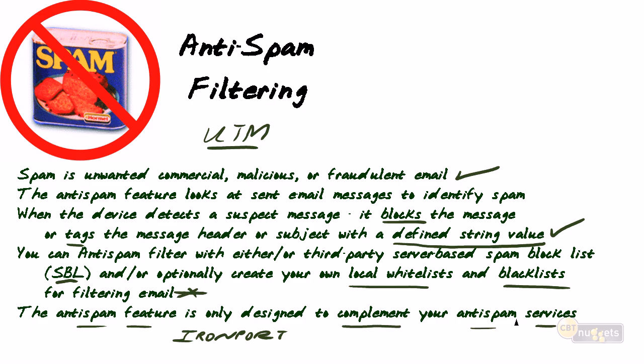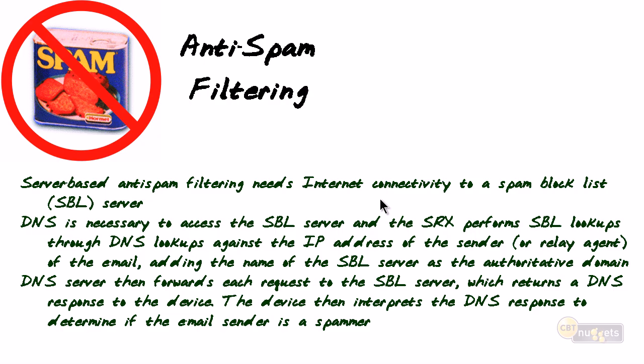The amount of overhead this is going to apply to our router or our SRX can be a little bit overwhelming. So sometimes you may want to focus just on certain big categories of bulk spam. Now, if you're going to be using SBL or server-based spam, we have to have internet connectivity. And that connectivity has to go to a spam block list.